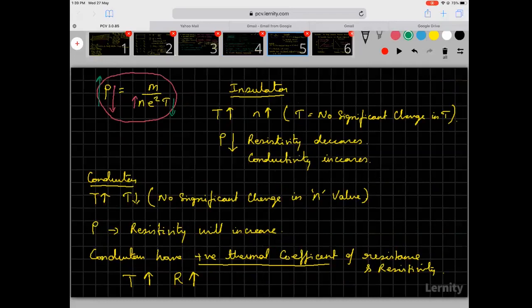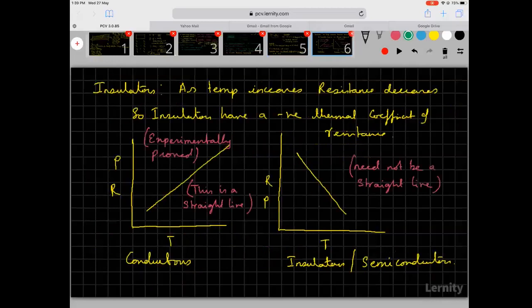Resistivity will increase. So I say conductors have a positive thermal coefficient of resistance, while insulators have a negative thermal coefficient. That means as temperature increases, resistance decreases here, while here, as temperature increases, resistance increases. This is a difference between conductors and insulators.